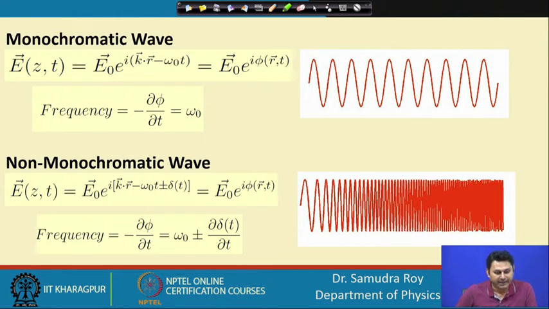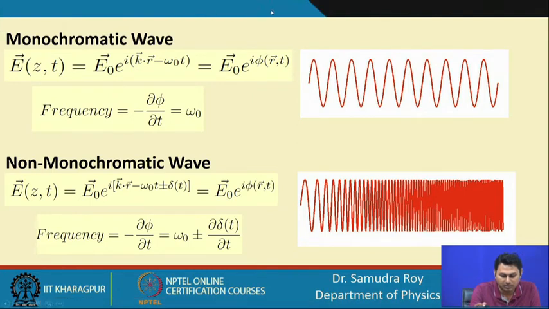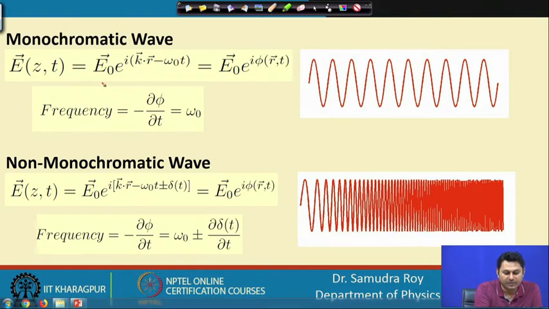Okay. Next we need to know about the monochromatic wave. What is the meaning of monochromatic wave? We need to learn. So, this is the solution of the wave we have. E of z, t is equal to, here again I write z, it should be r, a vector r.